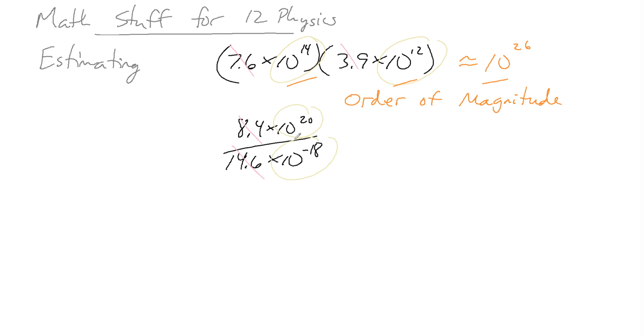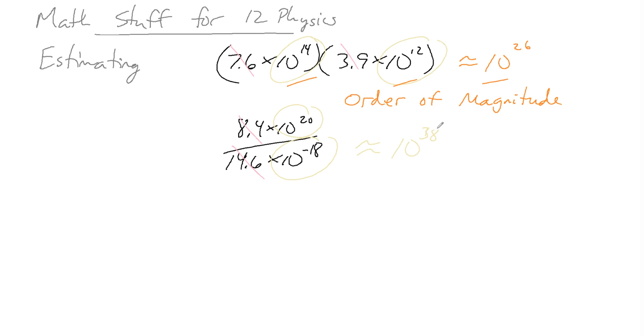Basic exponent rules, power of 20 divided by power of negative 18, subtract the negative 18, blah, blah, blah. I'm going to get an answer somewhere around 10 to the 38. That's it. So I know when I calculate this out, I should get blah, blah, blah, times 10 to maybe 37, 38, 39, somewhere around there, and I know I'm probably going to be right.